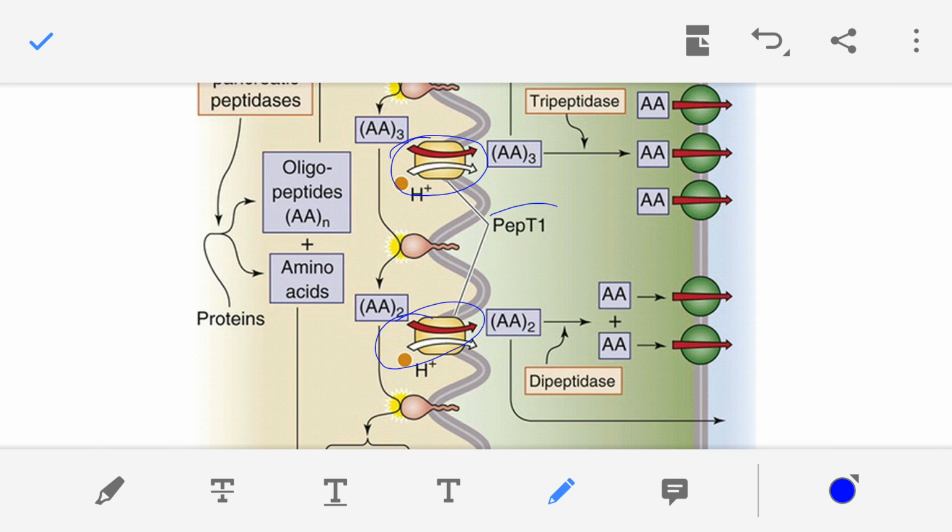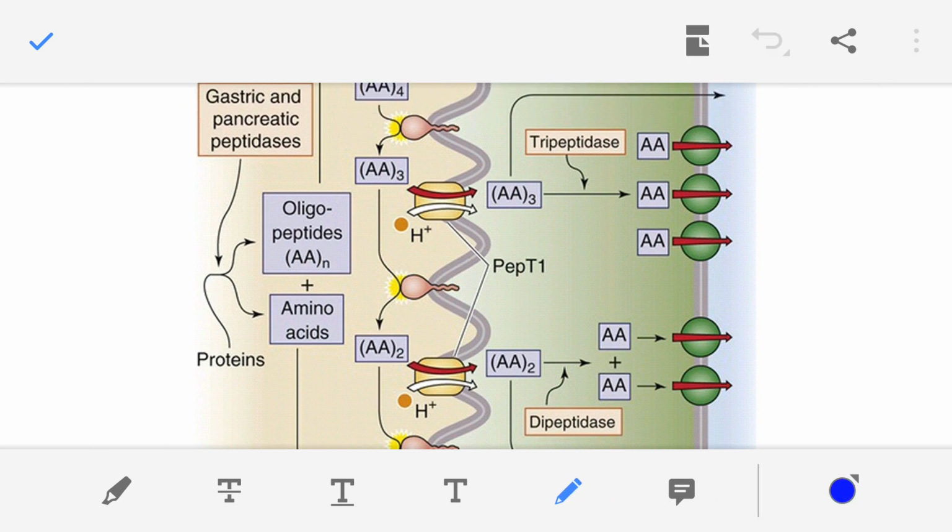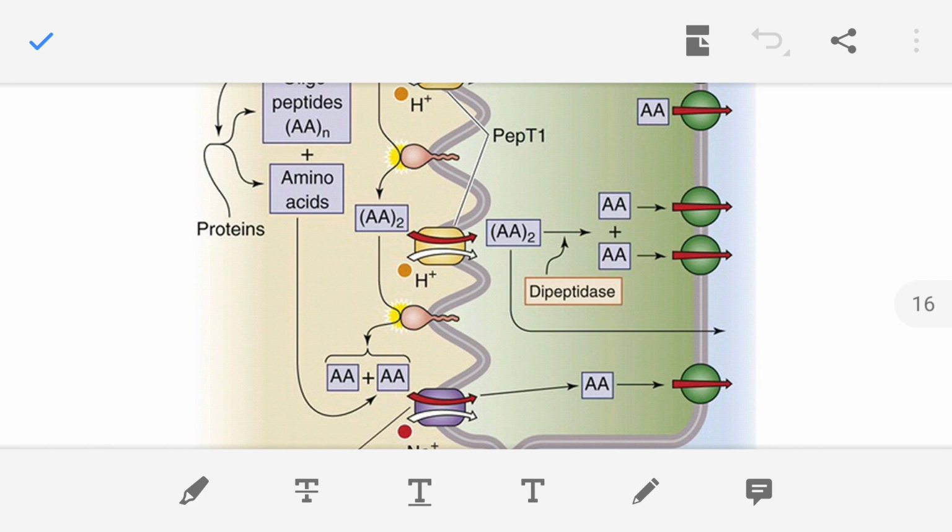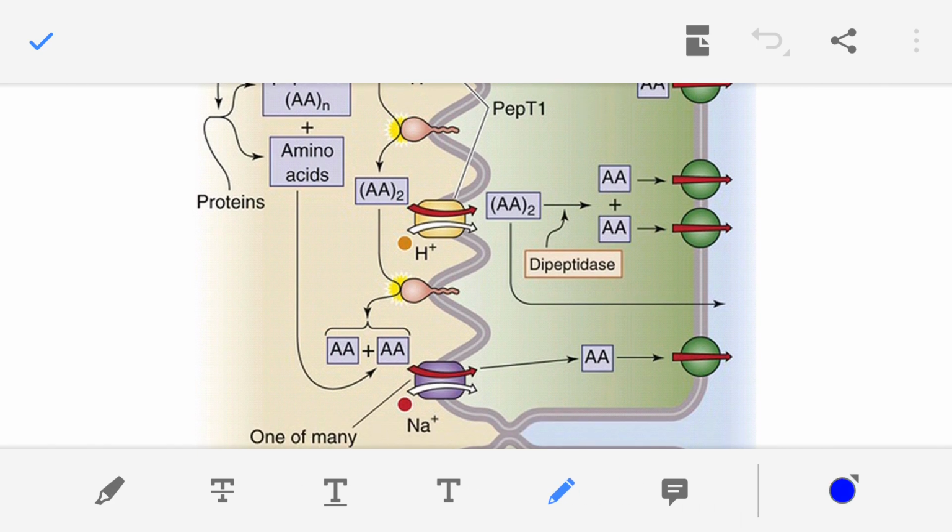The name of this transporter is PEPT1. Okay. Tripeptide, dipeptide, the enzymes act on this, tripeptidase, dipeptidase. So tripeptide, dipeptide, they are converted into amino acid. This is one thing. Okay, then due to the digestion of protein, amino acids are also produced.